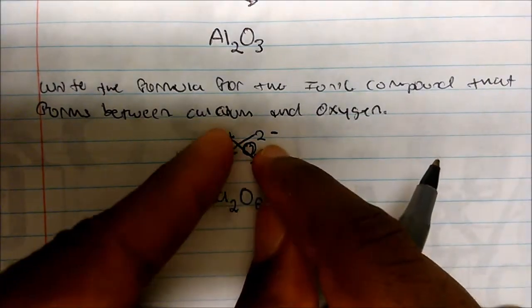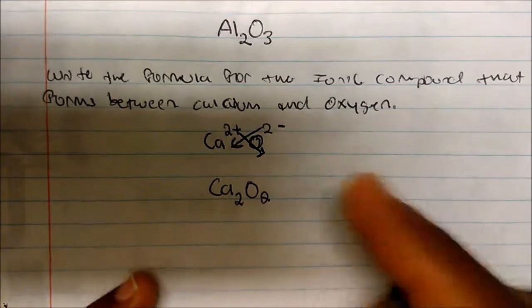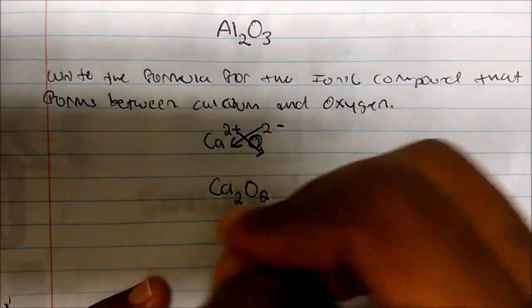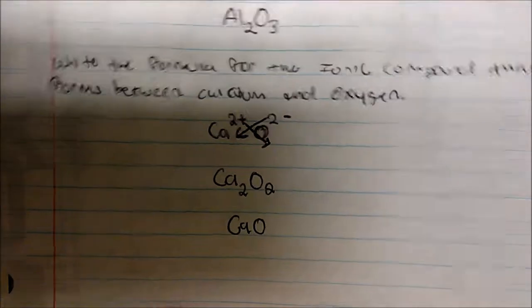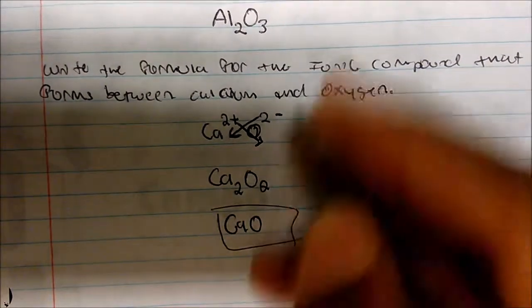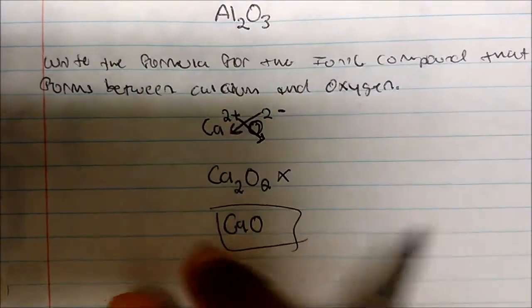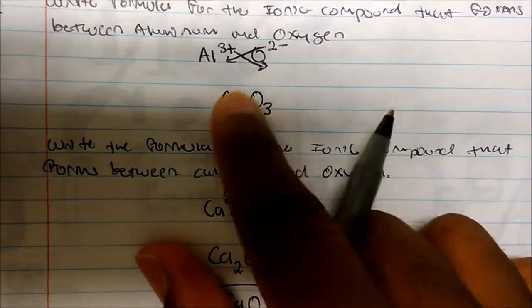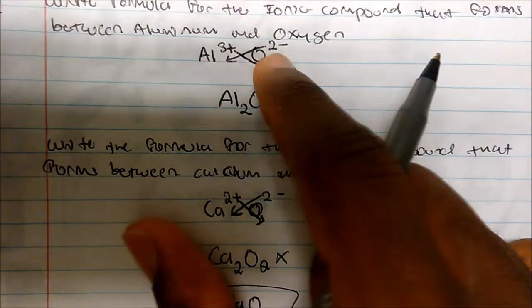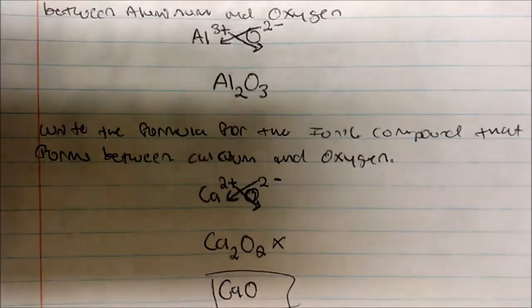When I add calcium 2 plus and oxygen 2 minus, those just cancel out, so the actual molecular formula is CaO. This would be the correct answer, not the other one. This is wrong. Whenever your charges balance out like that, just write the molecular formula and put them together. In this case, the charges did not balance. If I had a 3 minus here, then this would be AlO. That's not the case.